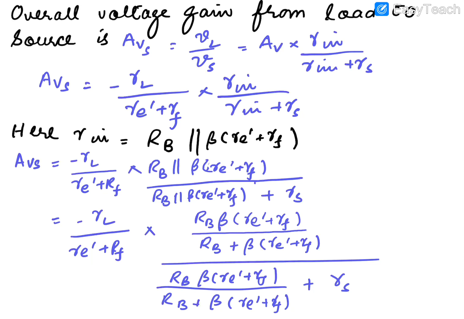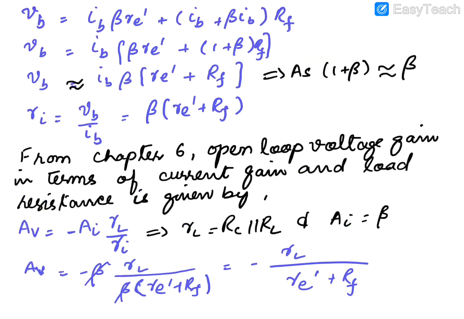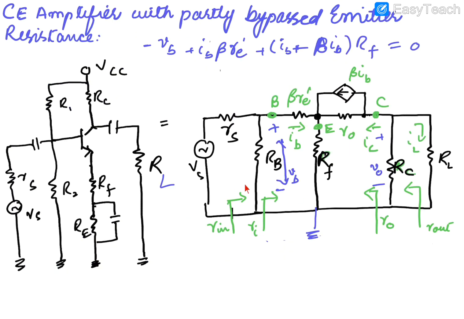So taking the voltage division at the input side in the form of Rin divided by Rin plus Rs, AVS will be equal to the open loop formula multiplied by the stage input resistance division, where Rin is equal to Rb parallel with beta Re dash plus Rf. You can find the value of Rin from this side, where you can see that Rb is in parallel with Ri, and the value of Ri is beta times Re dash plus Rf. So Rin is equal to Rb parallel with Ri, and the value of Ri is beta times Re dash plus Rf.